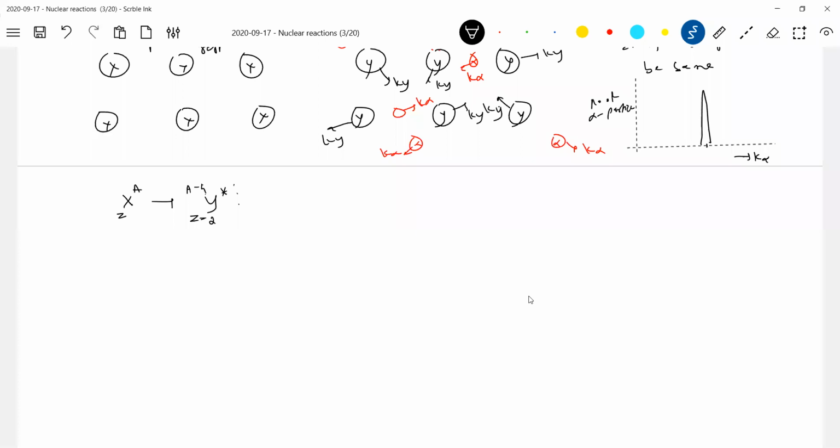The excited state we put a star mark, plus an alpha particle. Then energy will be released here. So what will this do again? To come to the ground state, this particular daughter nucleus has to give out a gamma photon.